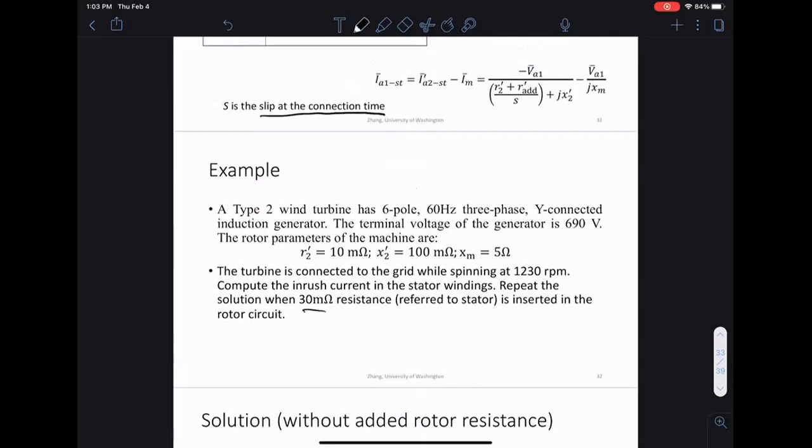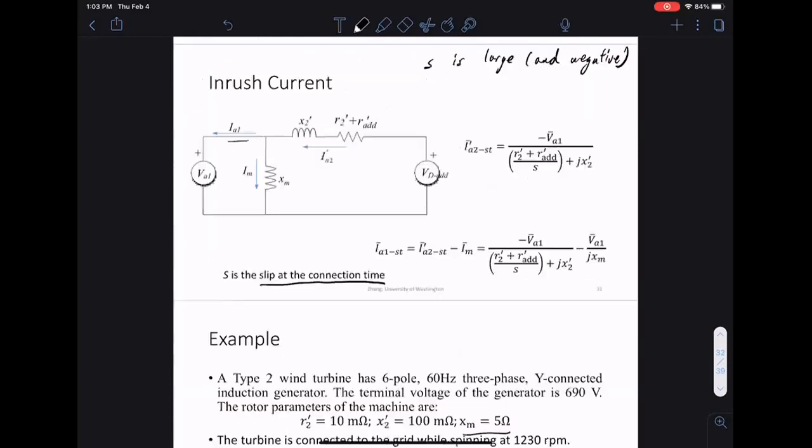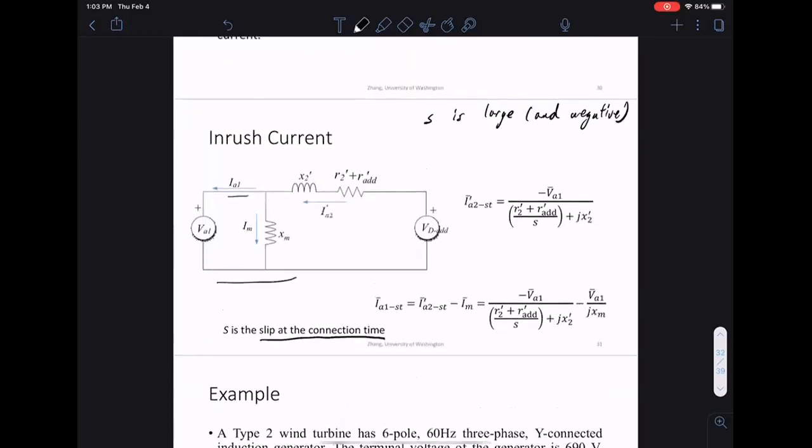What is the inrush current going through the machine? So here we are going to use XM. If you see a question where XM is given, then we should use XM. We should basically use this equivalent circuit.